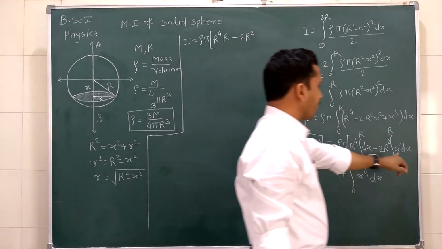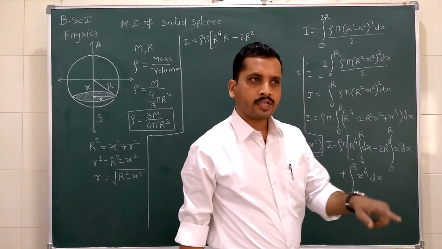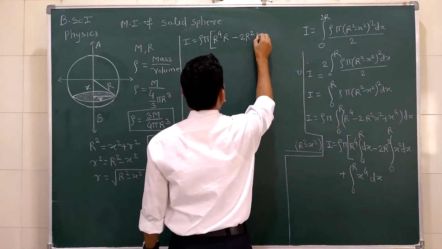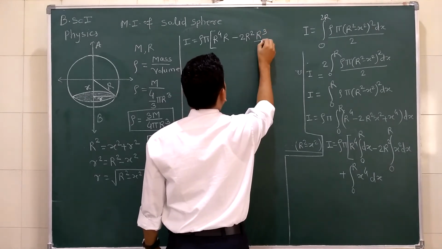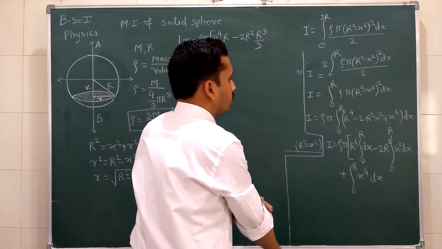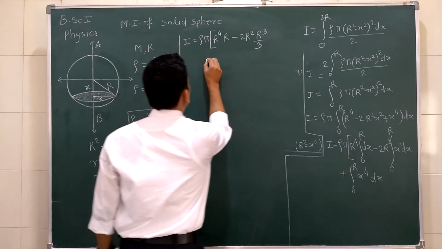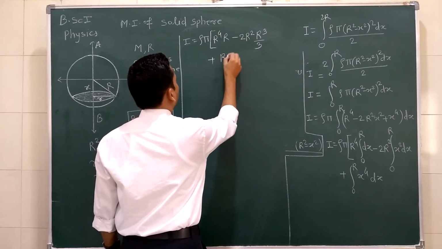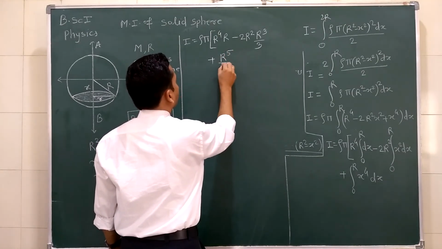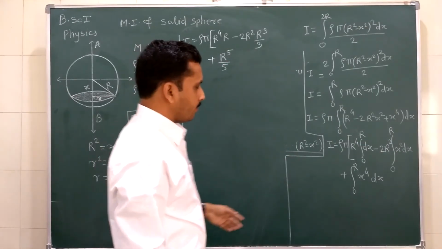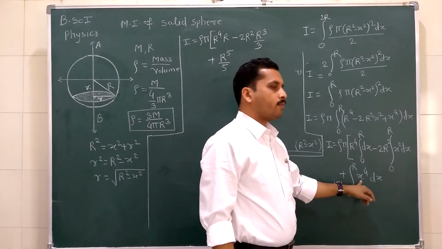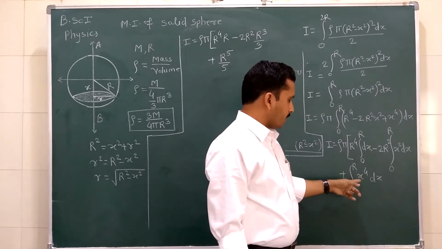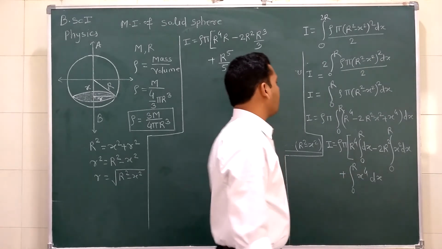What is the integration of x square? The integration of x square is x cube by 3, and within the limit 0 to r, it is equal to r cube divided by 3. Plus x to the power 4: the integration of x to the power 4 is x to the power 5 divided by 5, and within the limit 0 to r, we can write r to the power 5 divided by 5.